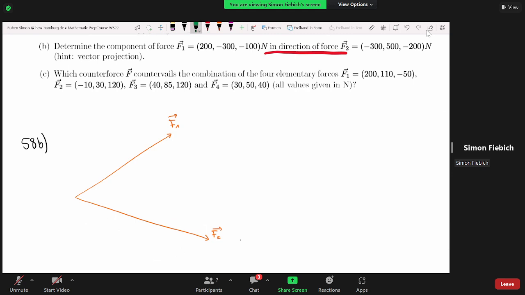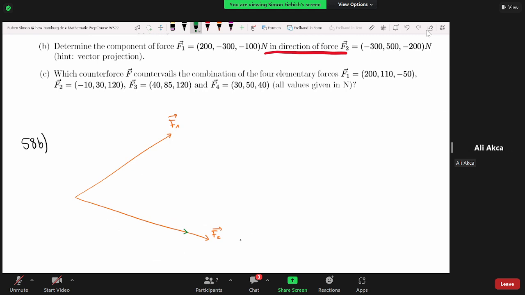The vector that we want to find, because we are looking for a force, and a force is always a vector, has the same direction as F2. And if we want to find that vector, which is a component of vector F2, what do we have to do in order to find this component of force F2?